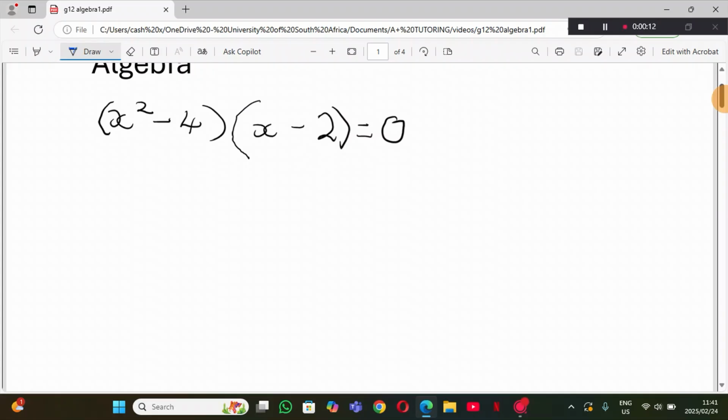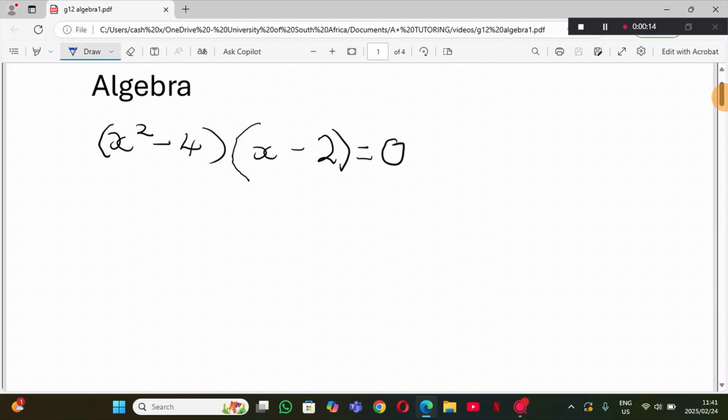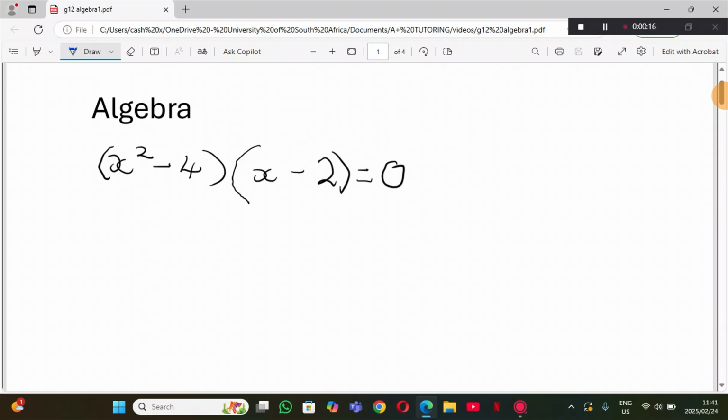Okay, so this is for solving for x, right? We are solving for x. We know how to factorize quadratic expressions, right? This one is already factorized. When you already have two brackets, you have already factorized it, and now you just need to take each bracket and equate it to 0.